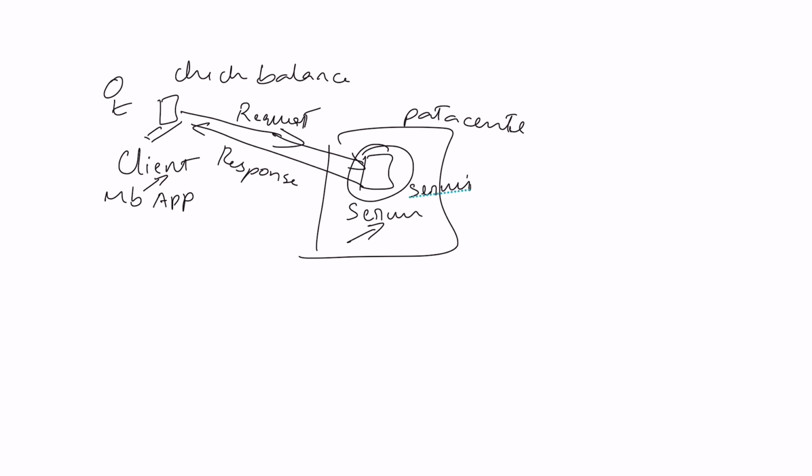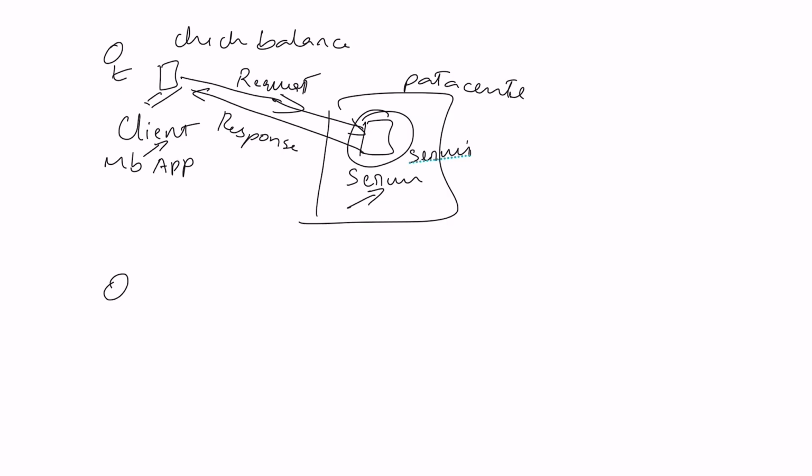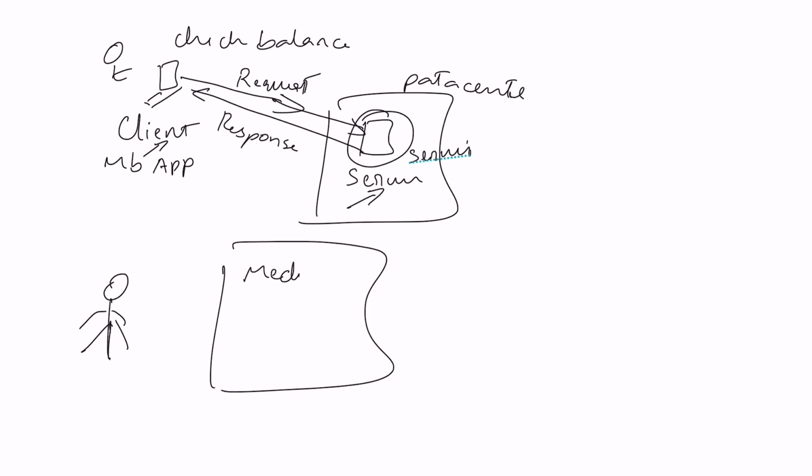For example, let's say you are going to some medical store, where you have a lot of medicines, and you give your prescription, something written on it, to the guy who is there in the medical store.